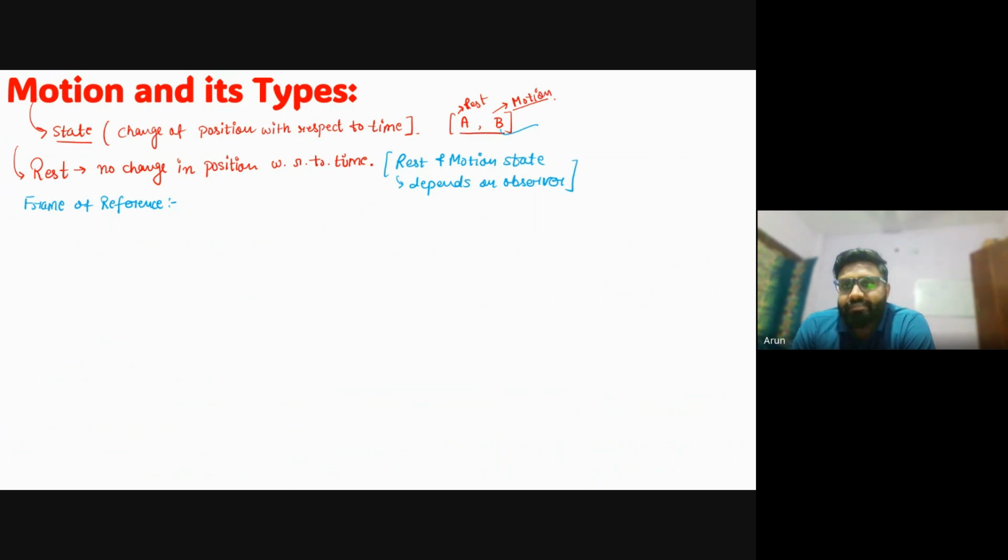Observer is us, who is observing the motion, describing that this car is in motion or this particular car or truck is in rest. So for the observer, we have decided the frame of reference. Now, in frame of reference, we have two types. First is the inertial frame.